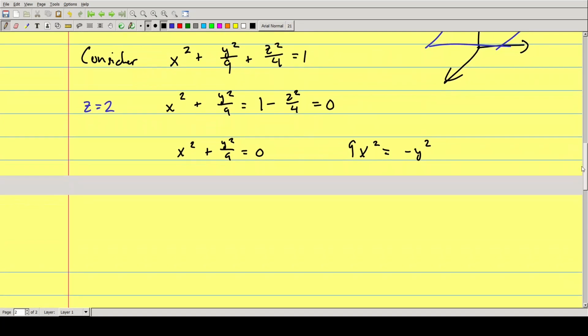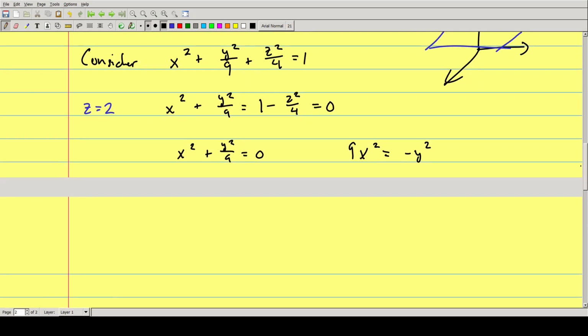Now, wouldn't the same thing happen if I set z equal to negative 2? All right.